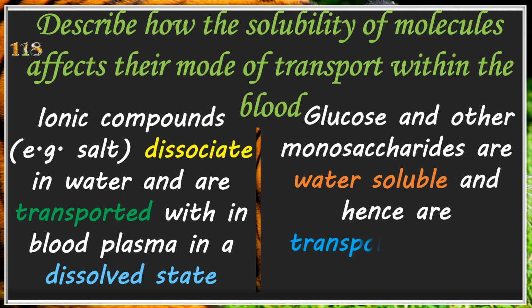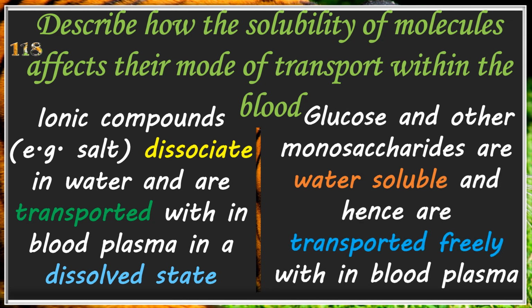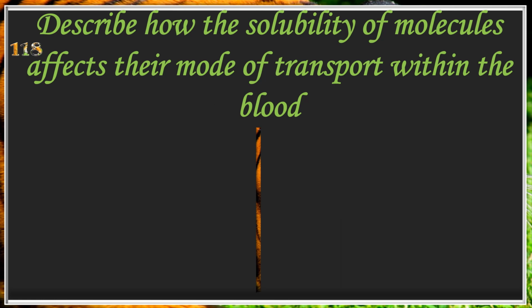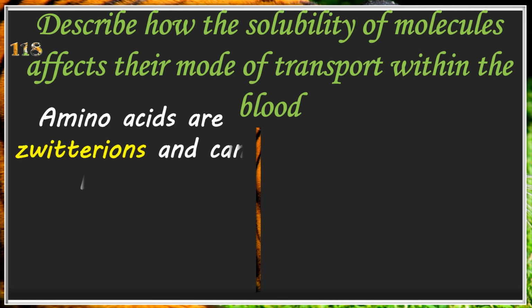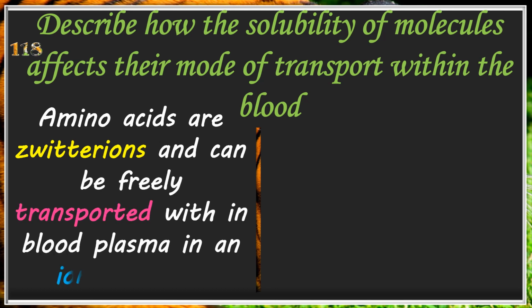Glucose and other monosaccharides are water soluble and hence are transported freely within blood plasma. Amino acids are zwitterions and can be freely transported within blood plasma in an ionized state.